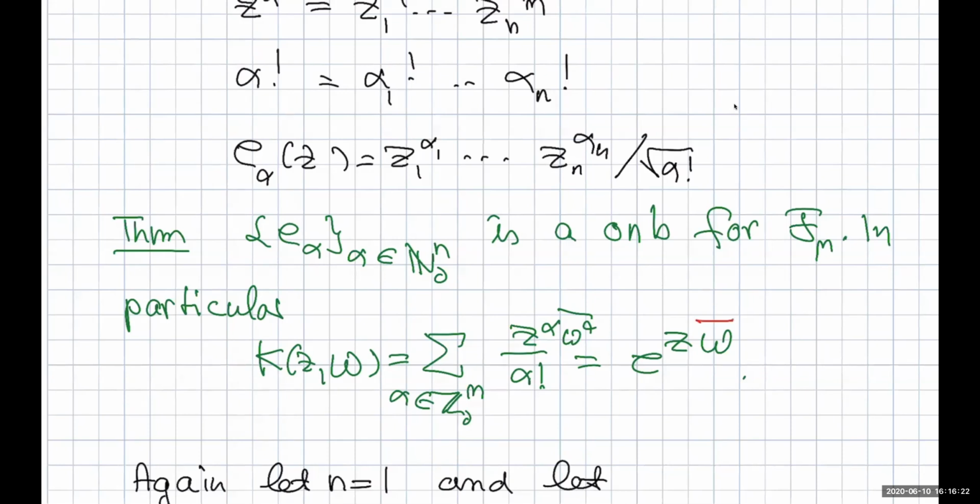So the reproducing kernel is an extremely simple function. It's just the exponential, and you put in the inner product. Okay, this is the dot product, so this is also just e, and then you have the inner product between those two vectors. I think the dot is just the usual bilinear form.